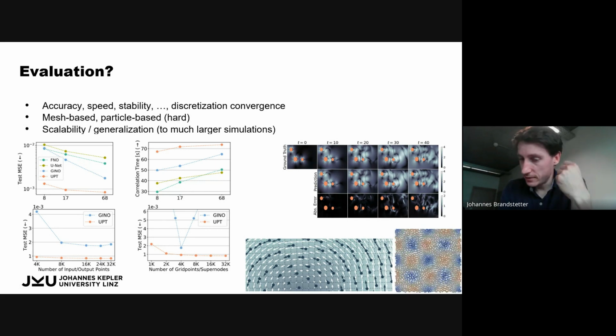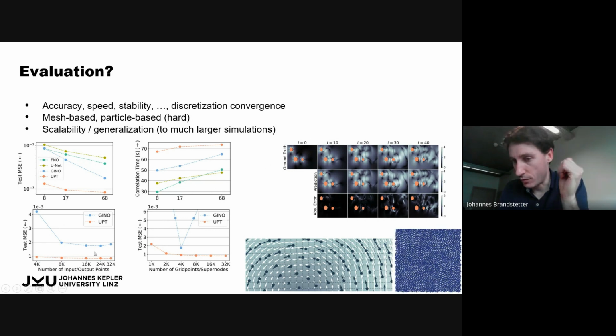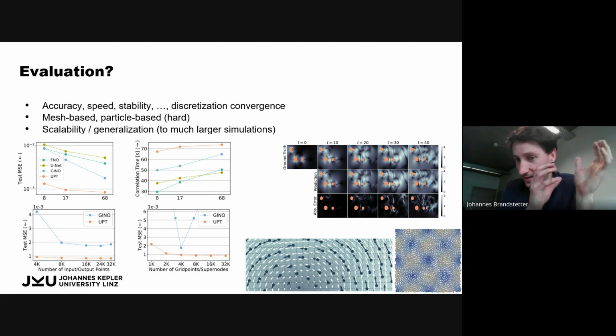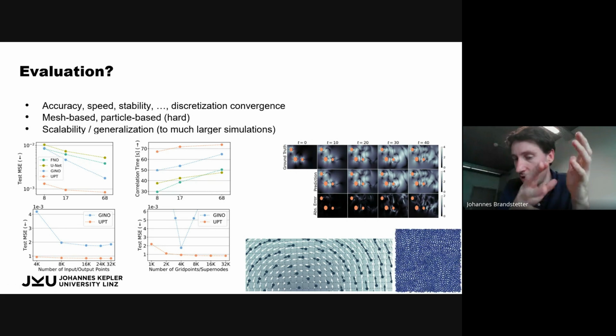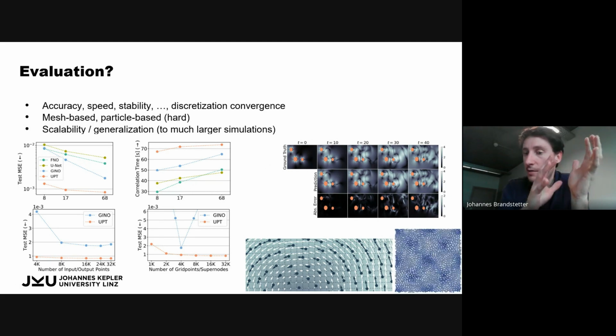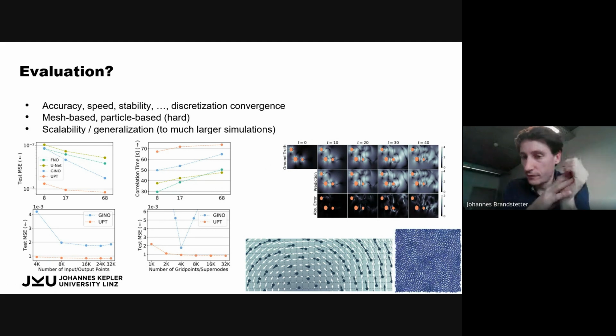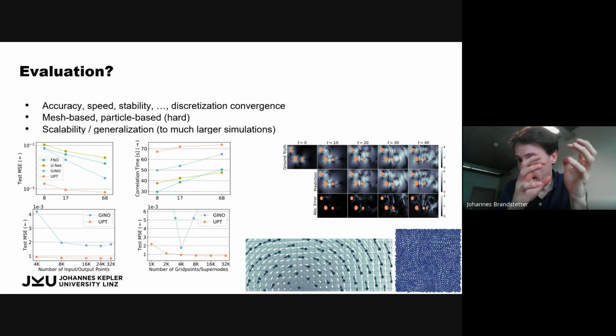Then in inference, if we decrease down to 4,000 or increase up to 32,000 or larger, the error stays the same. So the network learns this representation based on the number of nodes you're giving. Of course, if the resolution is too coarse, it worsens, because you just cannot resolve some phenomena. And if the resolution is too high, you again cannot resolve some phenomena internally. But in this wide realm of some orders of magnitude, the neural network is really able to capture that.